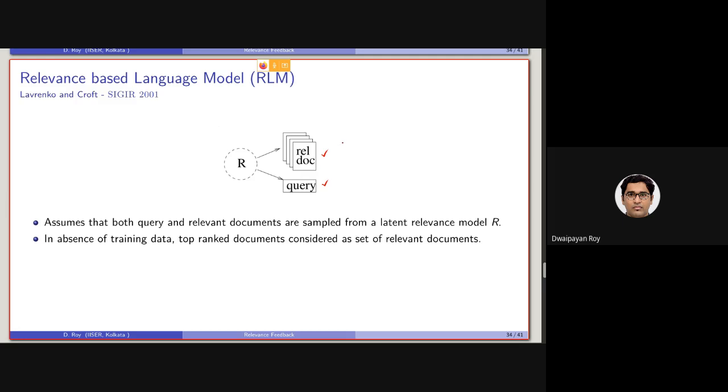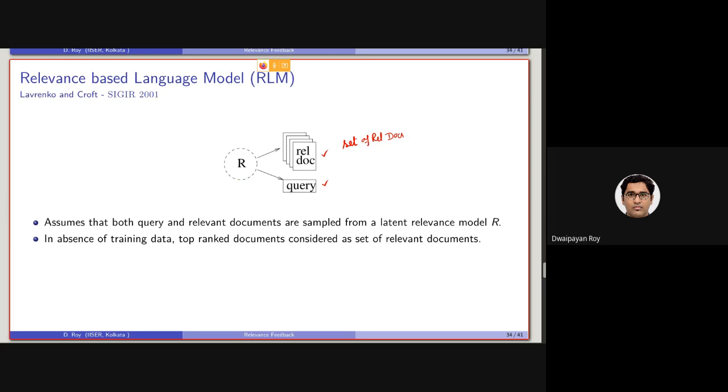This is basically the set of relevant docs, isn't it? Now, in case they are marked, like the true relevance feedback scenario, we can simply use this information and this information in order to estimate this probability density function.